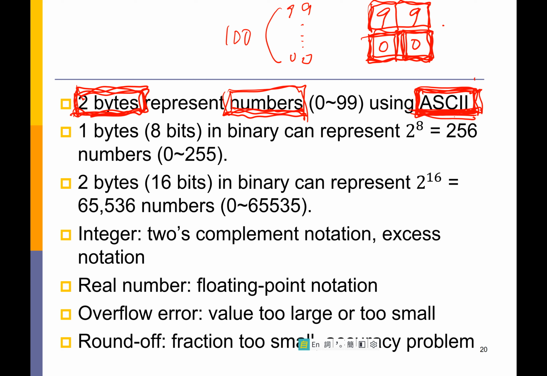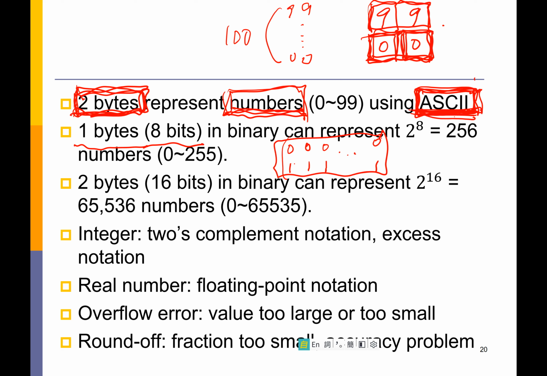But in fact, 1 byte contains 8 bits. Each bit has a value of either 0 or 1. The second bit can be 0 or 1. The third bit can be 0 or 1. The eighth bit can be 0 or 1. So how many numbers can you actually represent by these 8 bits?